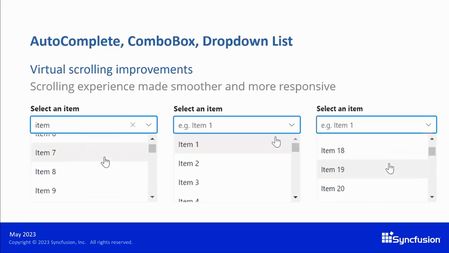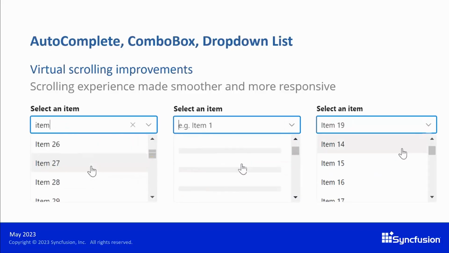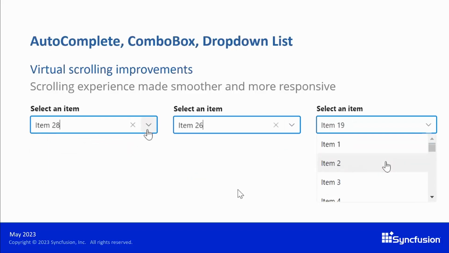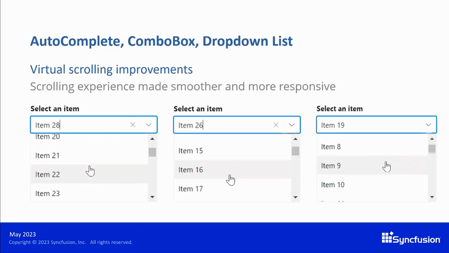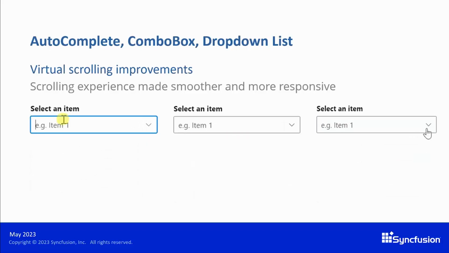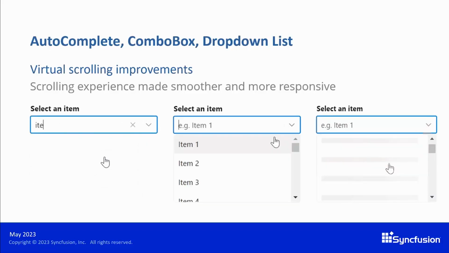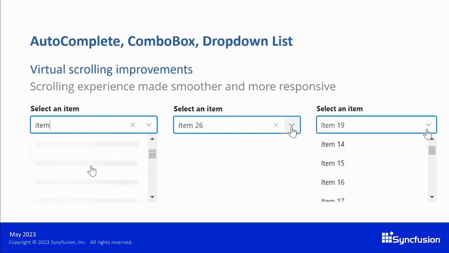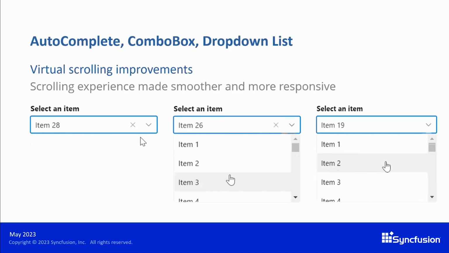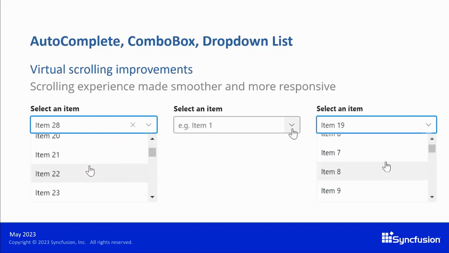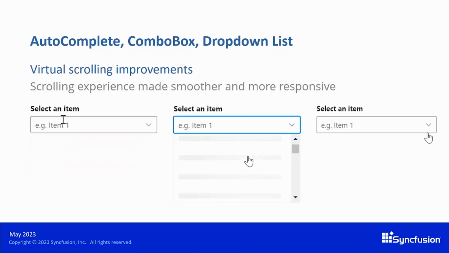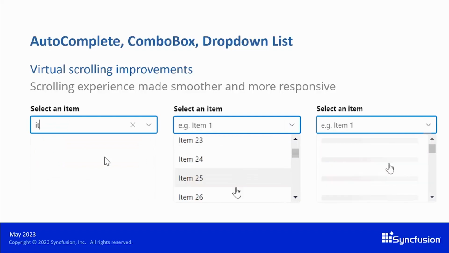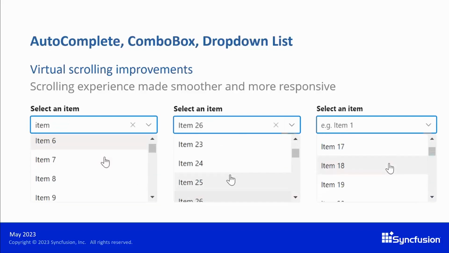So as and when you scroll through the list, you can get a good scrolling experience, and also you can see the skeleton layout that is displayed when you scroll through the list. So to give a very smooth and good experience while scrolling through the data.